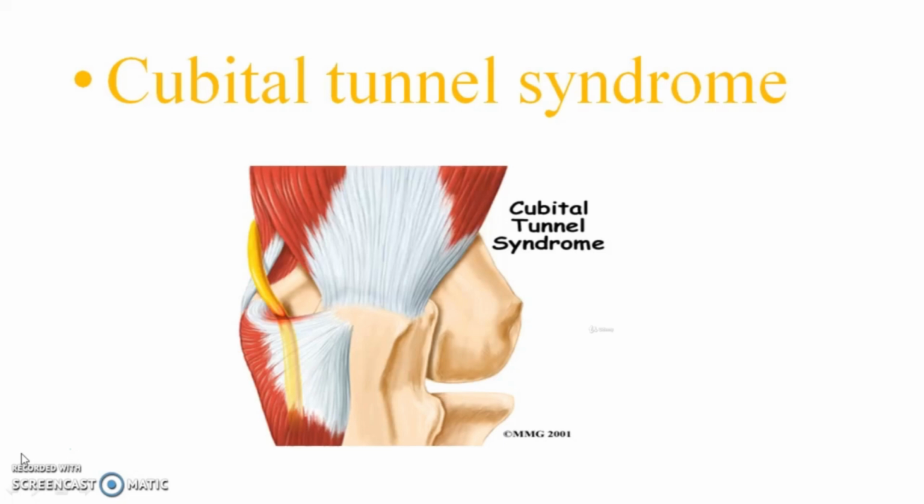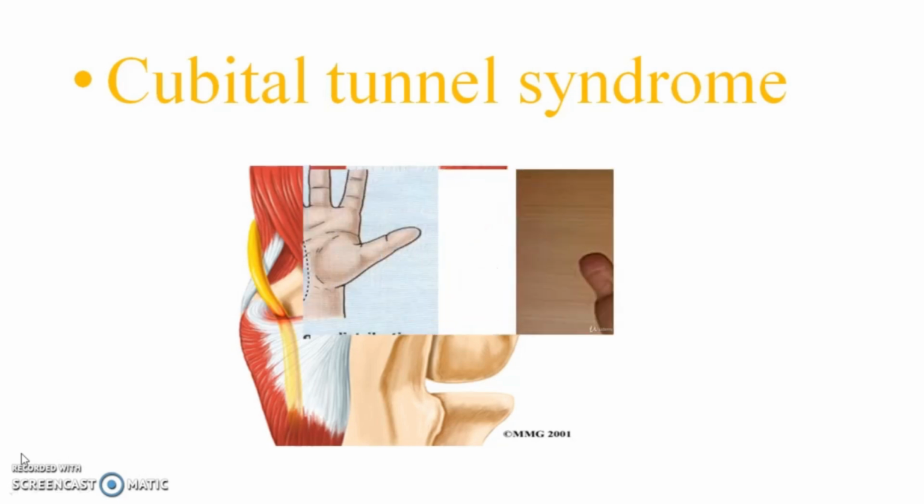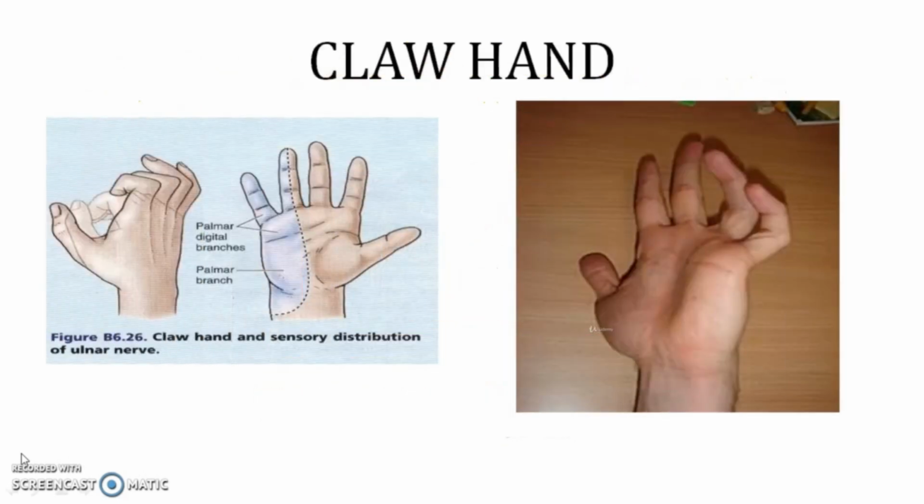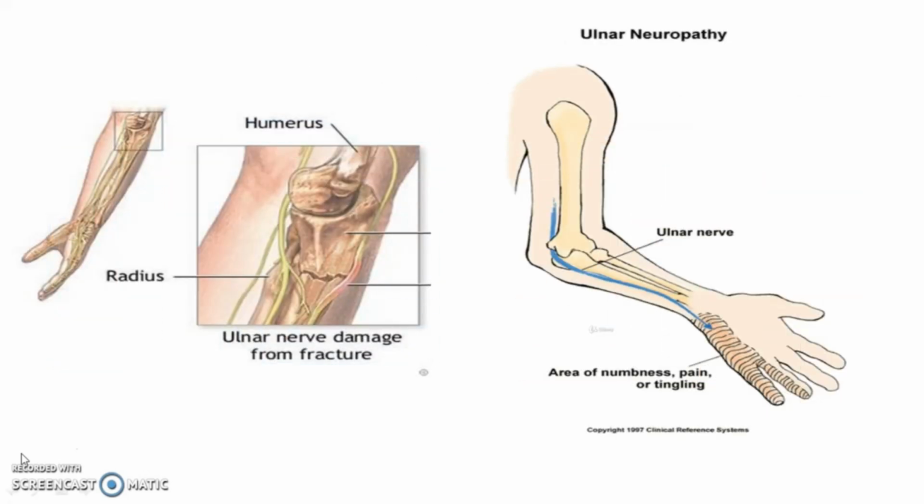In the cubital fossa region near the medial epicondyle, we get some stretching or pressure forced on the ulnar nerve, which causes cubital tunnel syndrome, and this causes numbness or tingling in the ring and small fingers, which you can see in this image clearly. This again causes a claw hand appearance in the affected person. So when the ulnar nerve gets pressurized in the cubital region, we call it cubital tunnel syndrome, and these are the images you can see.